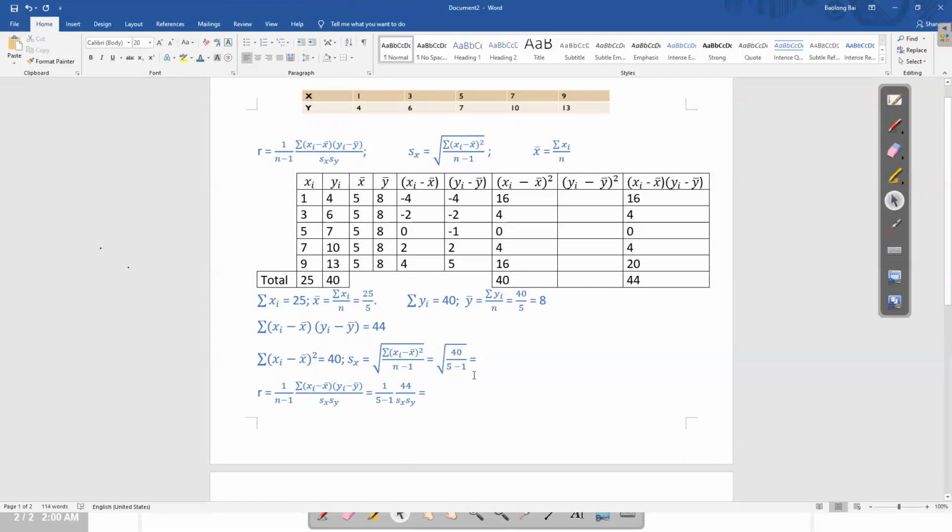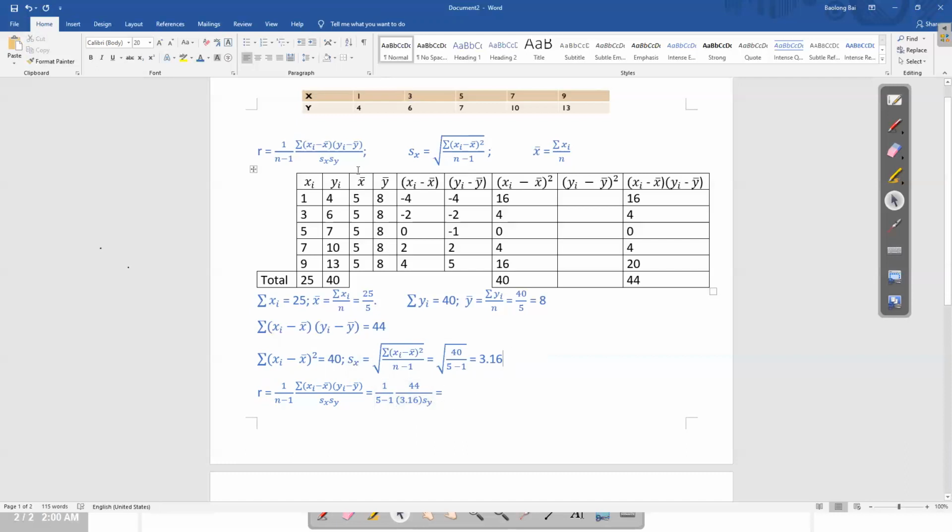So 40 divided by 4 is 10. Square root of 10 is 3.16. So that's standard deviation of x, right? So we already got standard deviation of x here. That's going to be 3.16.